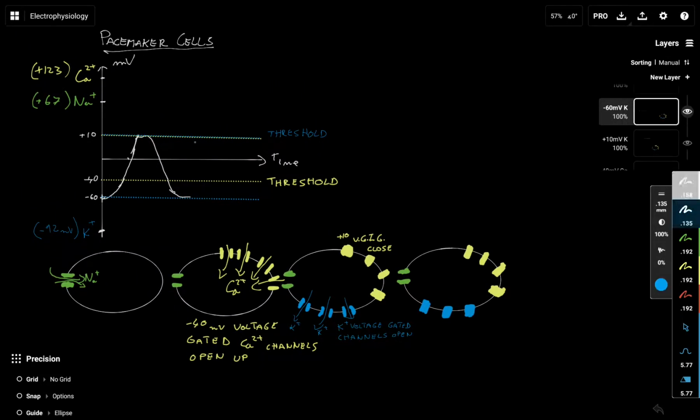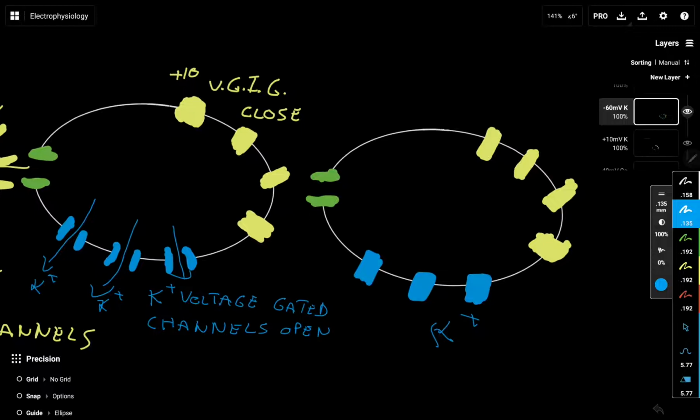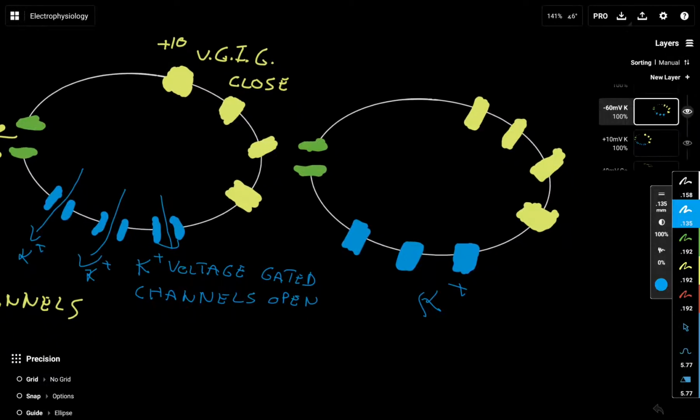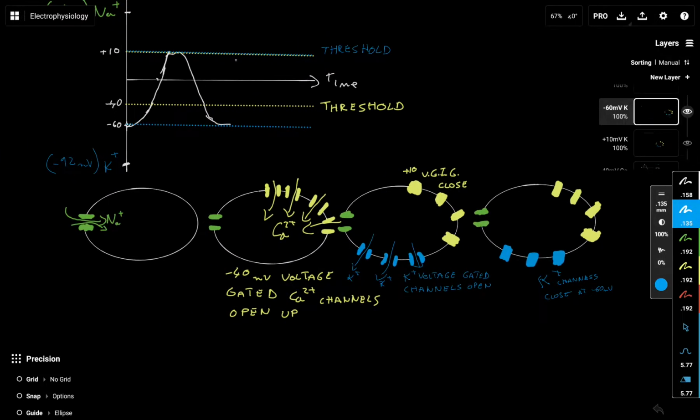As you can see here, the potassium channels close at minus 60. Which brings me back to my first cell here.